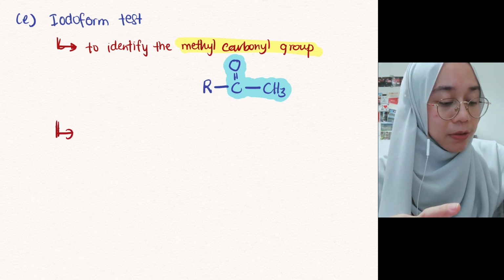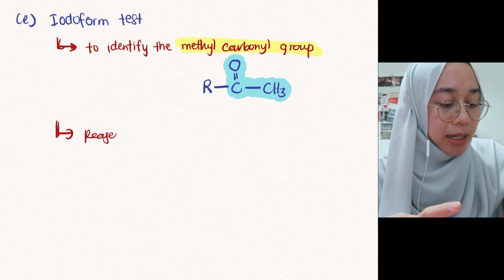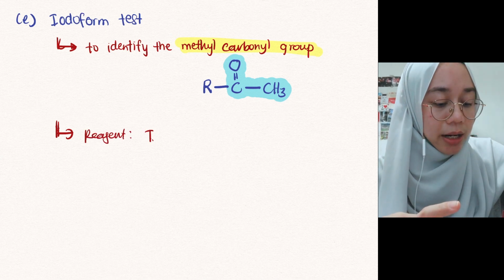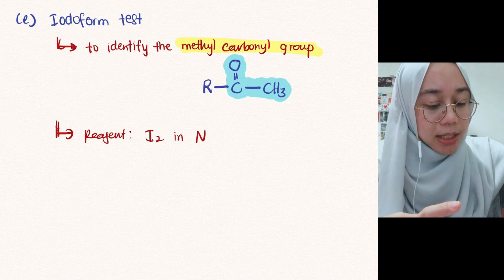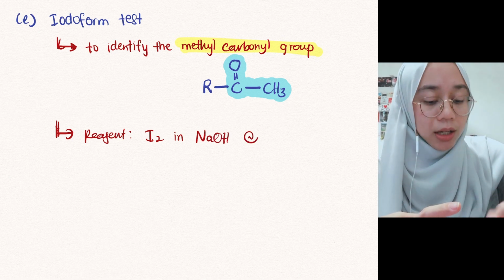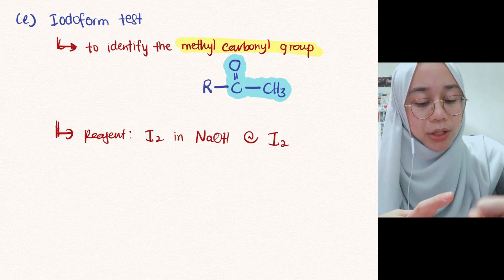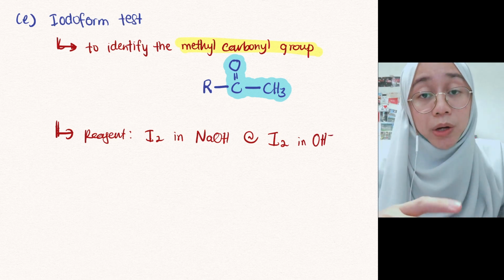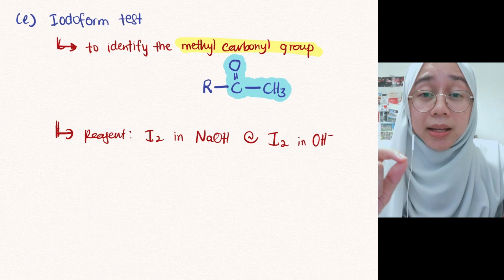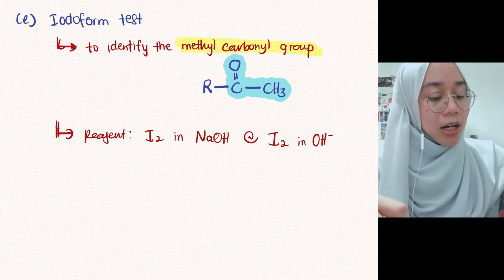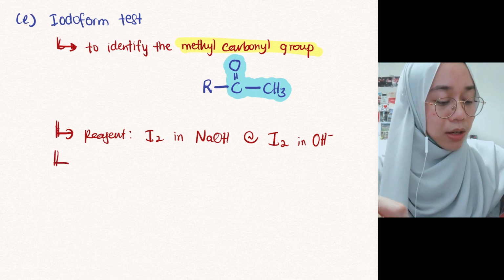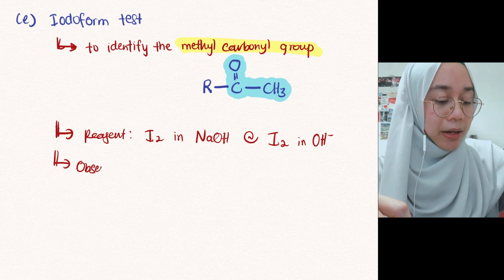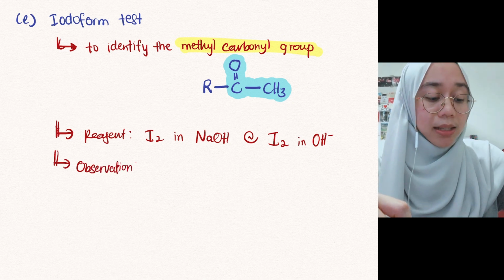Sama je macam before this, whereby reagent dia adalah iodine in NaOH, ataupun kalau tak tulis NaOH, kita boleh tulis iodine in OH negative. It's just that depends on what you write down, the product might be slightly different. Dan observation dia masih benda yang sama juga, which is apa kelas?